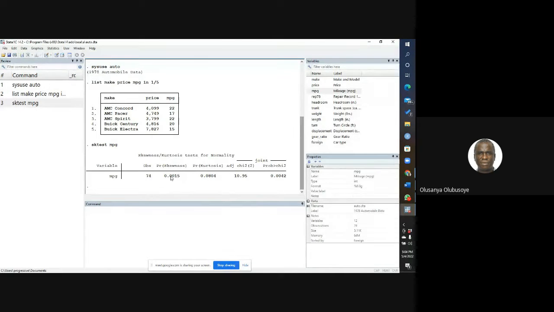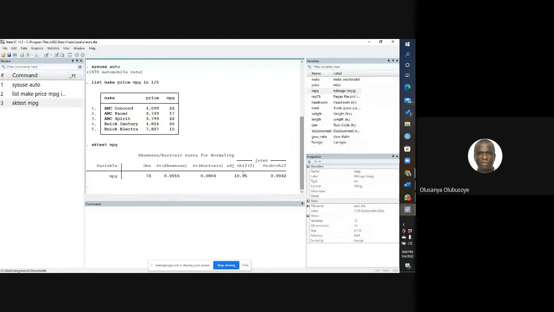Of course, you would expect the measure of skewness, not the probability. The measure of skewness is said to be equal to 0, but this is giving you a probability. So don't confuse it with the measure of skewness. But this is the test.